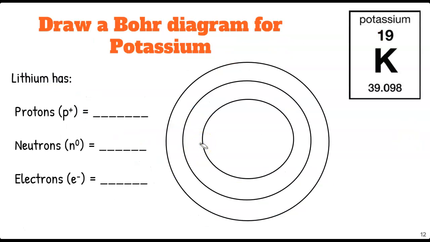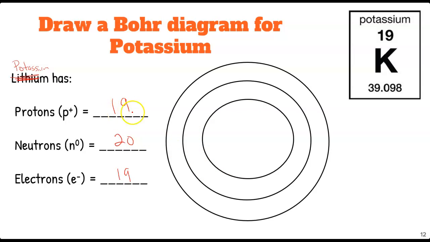All right, and so now we're going to make a model of the potassium atom, and it looks like I have a typo in here. This is actually supposed to say potassium. So we already saw potassium has 19 protons, 20 neutrons, and 19 electrons. So how do we draw a model of that?